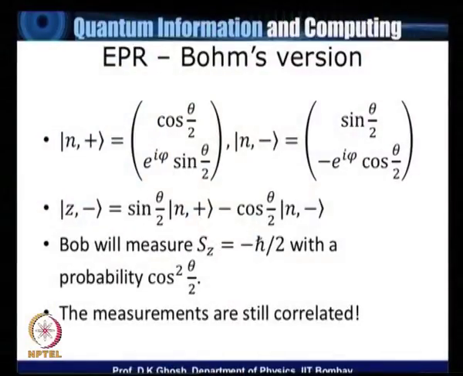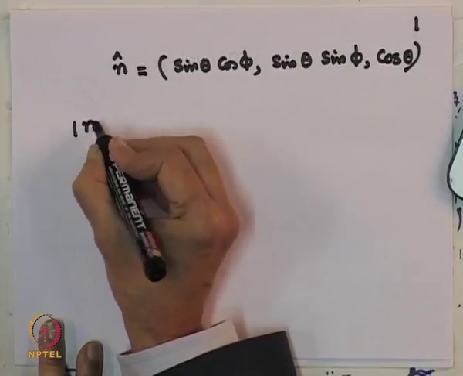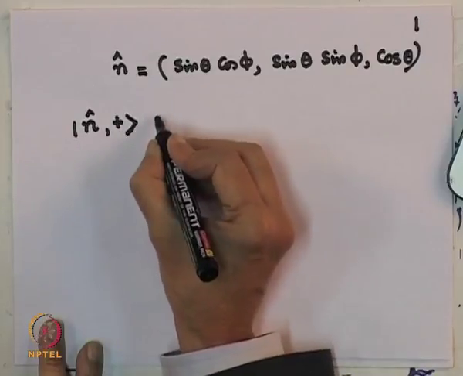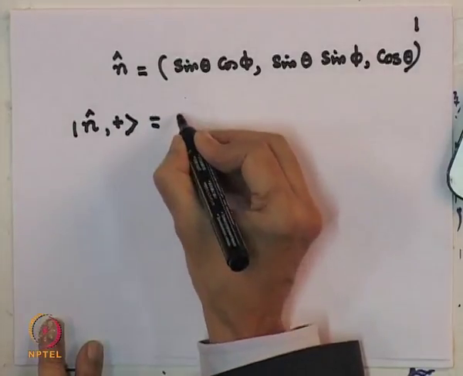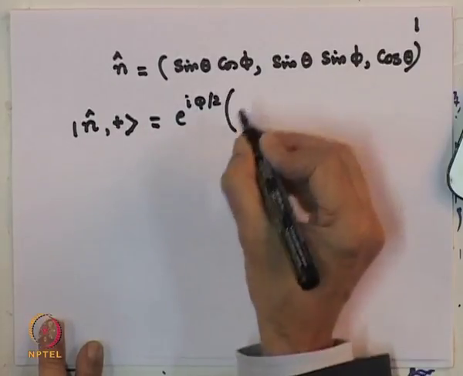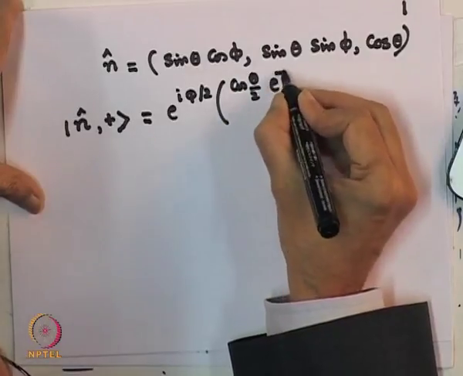In order to do that, recall that if Bob's measurement is taken along the arbitrary n direction, then the eigenstate of sigma n having eigenvalue +1 is given by e to the power i phi by 2 cos theta by 2 into e to the power minus i phi by 2.